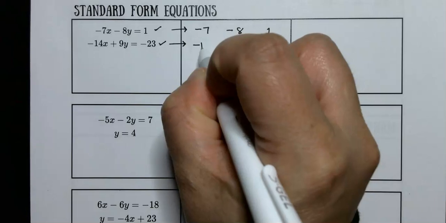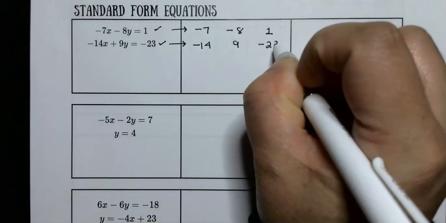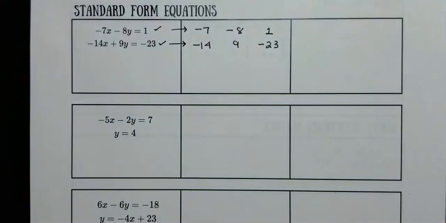We're going to say -14, +9, -23. So we take out the x's, the y's, and the equal signs. Now, we do need to make sure that if it's a positive number, it's just a number. But if it's a negative number, we still need to include the negative. We can't drop the negative because it changes the number itself.